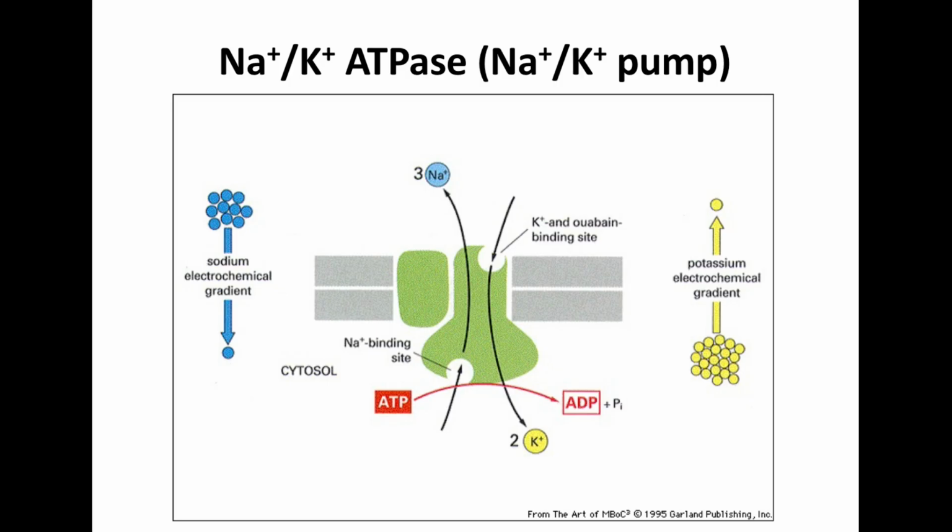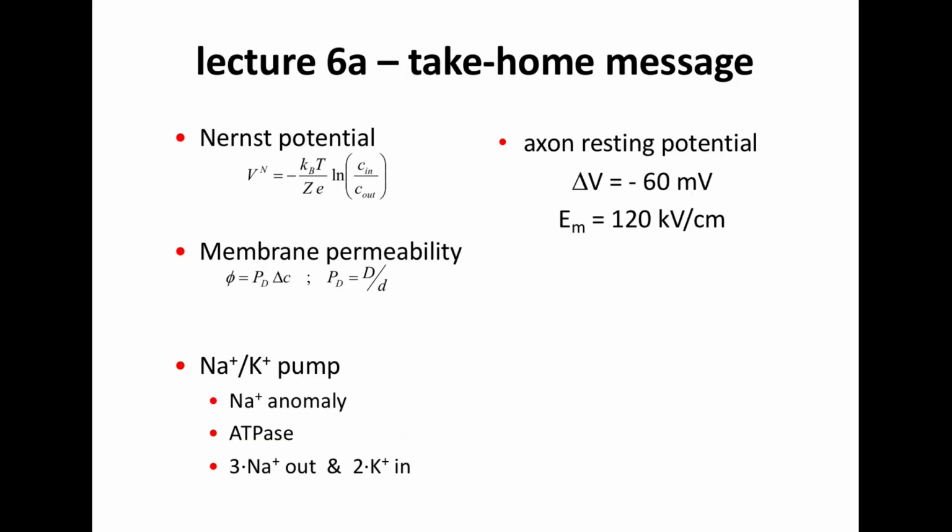Okay, so let's wrap up lecture 6. So what are the take-home messages? Well, first we looked back into physics of life 1 and reconsidered the Nernst potential, which relates the difference in the ionic concentrations in two compartments to an electric potential.